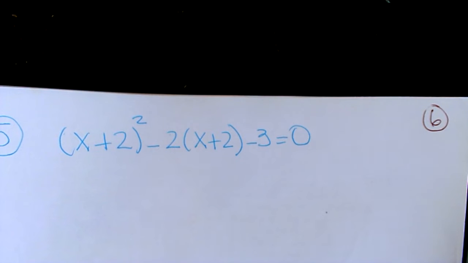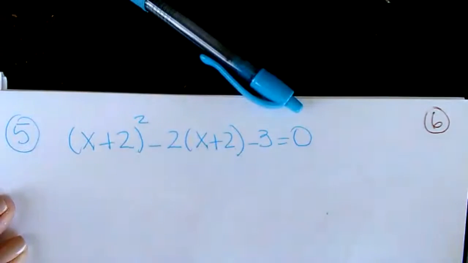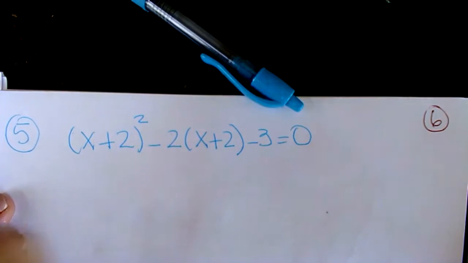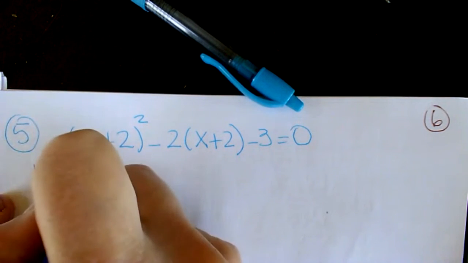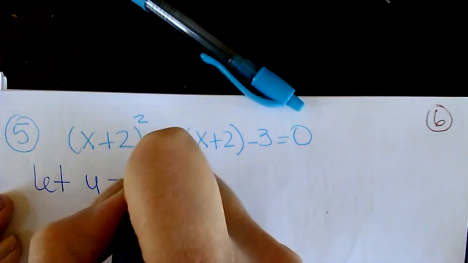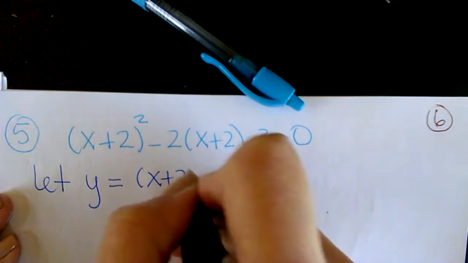Now, let's look at this. You guys recognize the factoring method that we need to use? Substitution, yeah. Good. So the only thing that we cannot forget to do is substitute back at the end. So let's do it. We're going to let y be equal to x plus 2.